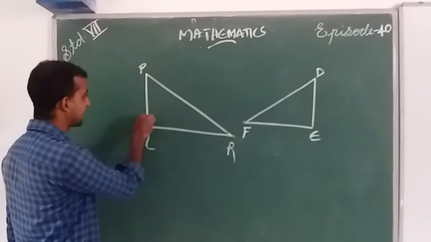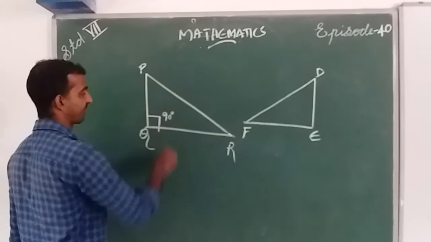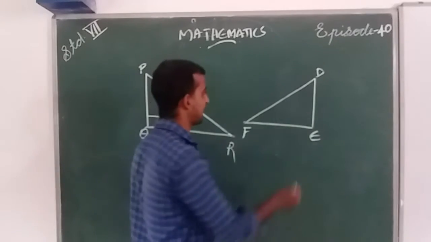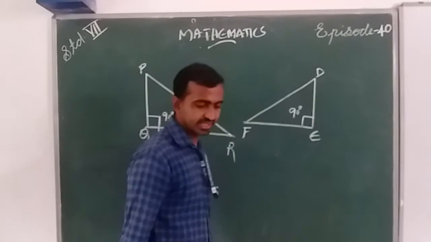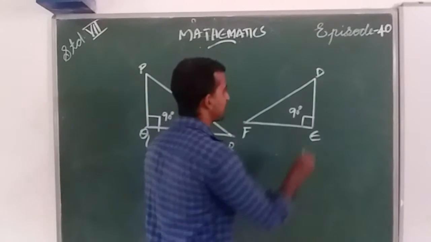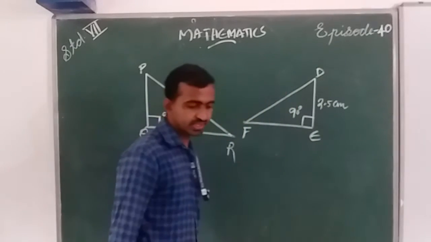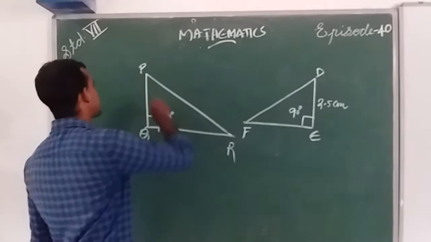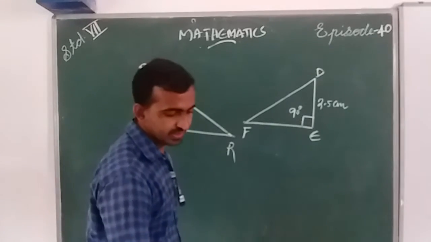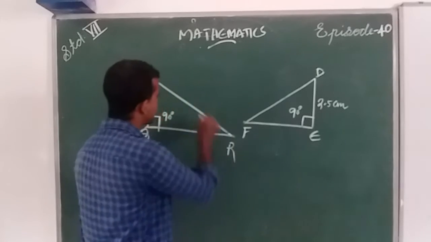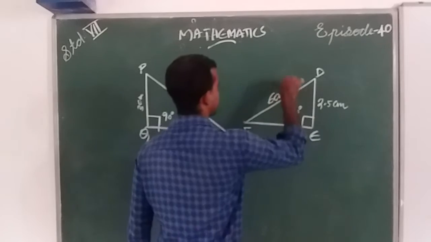Angle Q is 90, and angle E is 90, and DE is 2.5, and PQ is 3 cm, and 6 centimeter and 6 centimeter.